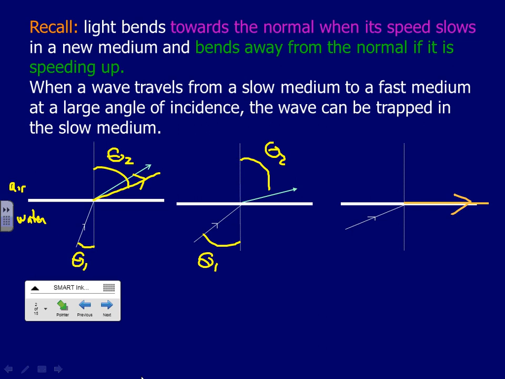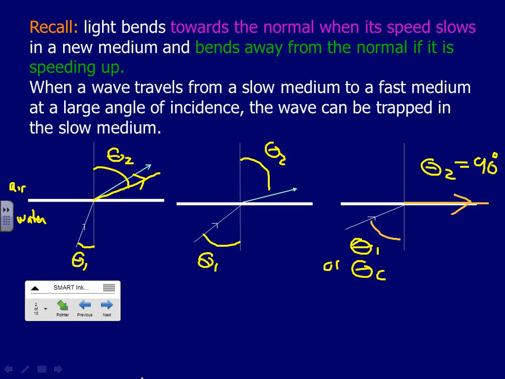A very strong reflected ray. That would be awesome because that's how we do the math. Theta 1 and theta 2 equals 90 degrees. Okay? And we could also call this theta 1 at this point theta C for the critical angle.